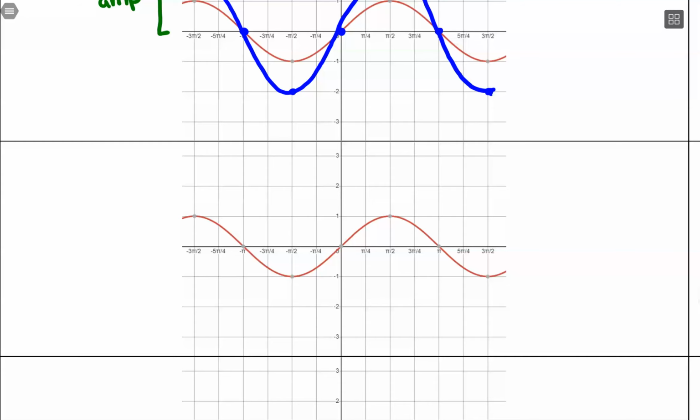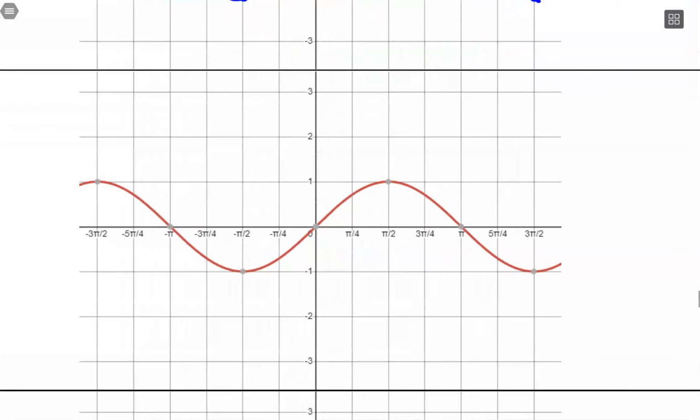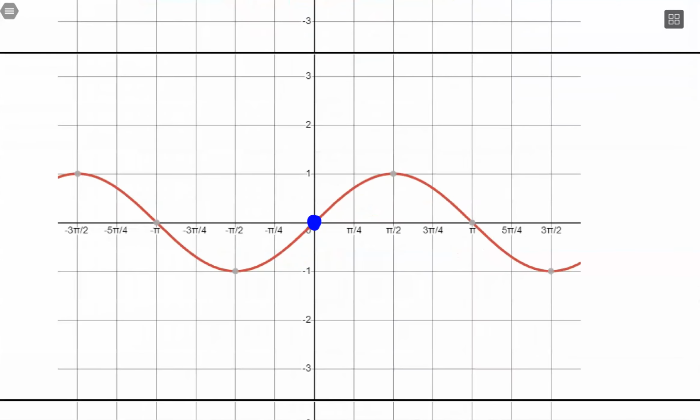When we have a value of 2, that's our compression. So 0, 0 is going to stay the same, but where I had pi over 2, 1, that distance to pi over 2 is now cut in half, so now our value of 1 is there. And where I was seeing pi, 0, now that's going to be pi over 2, 0.